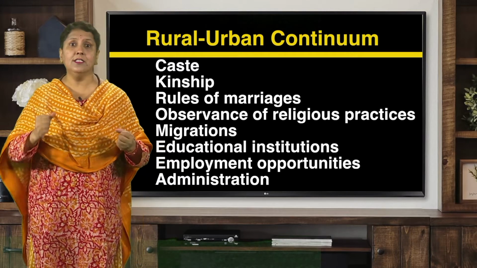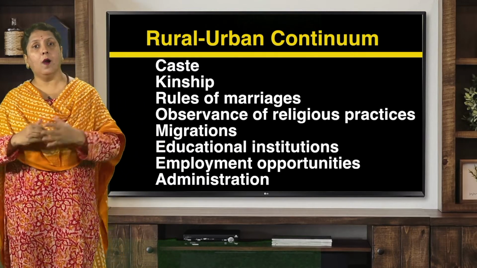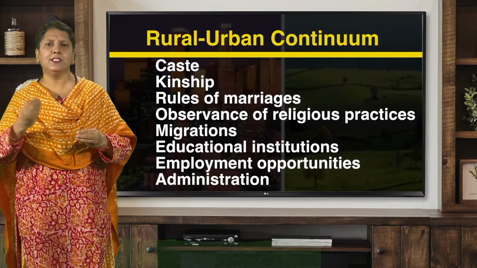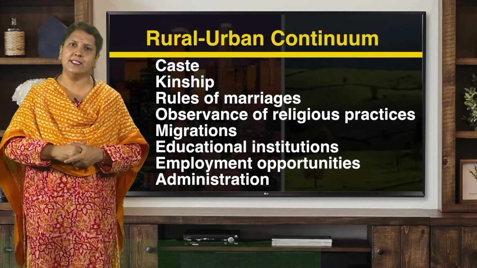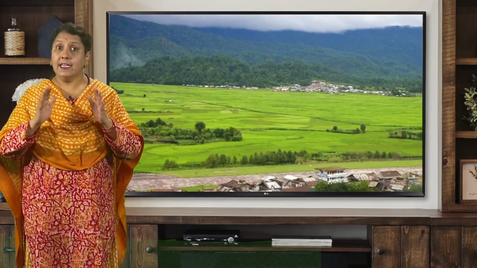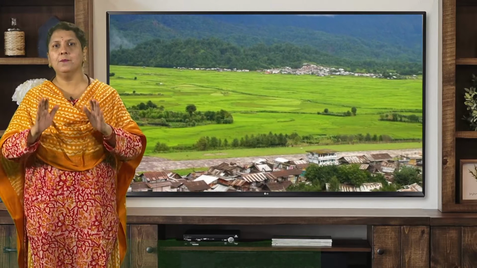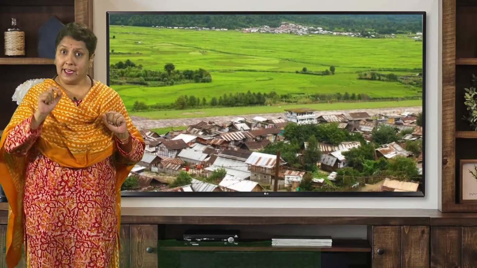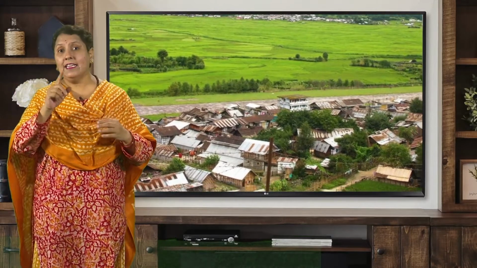Migrations, educational institutions, employment opportunities and administration are the other institutional sources of linkages between villages and cities. Thus, villages and towns cannot be seen simply as dichotomous entities. They are interlinked and yet distinct from each other.